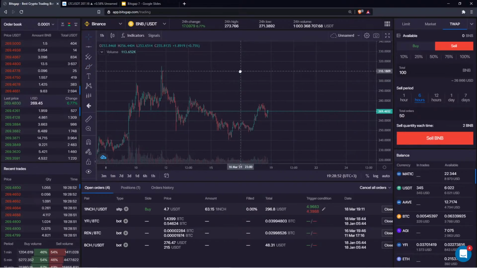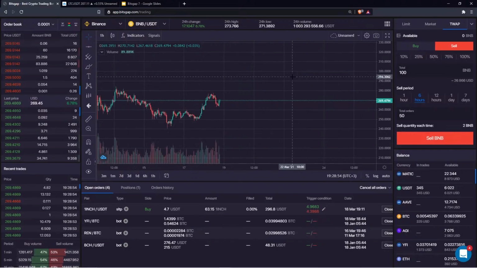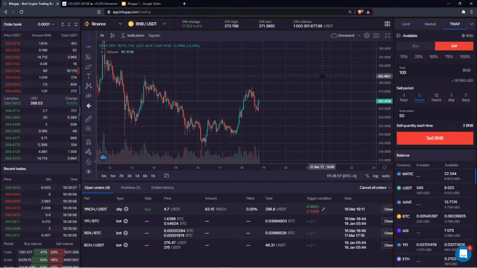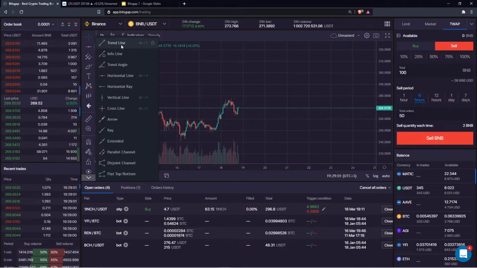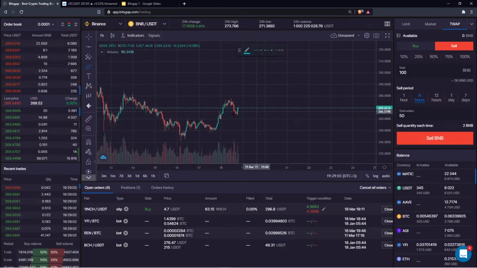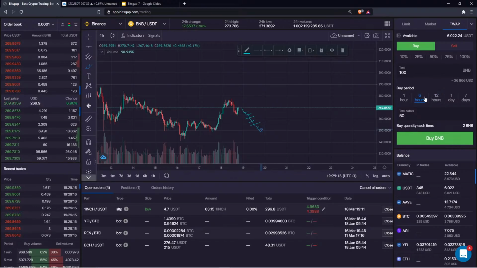So if you want to gradually enter the market, then using Twap is the option for you. Let's say you expect the market to fall a bit from the current price down to this. As it falls, you want to make sure that it buys, so using Twap is the option for you.